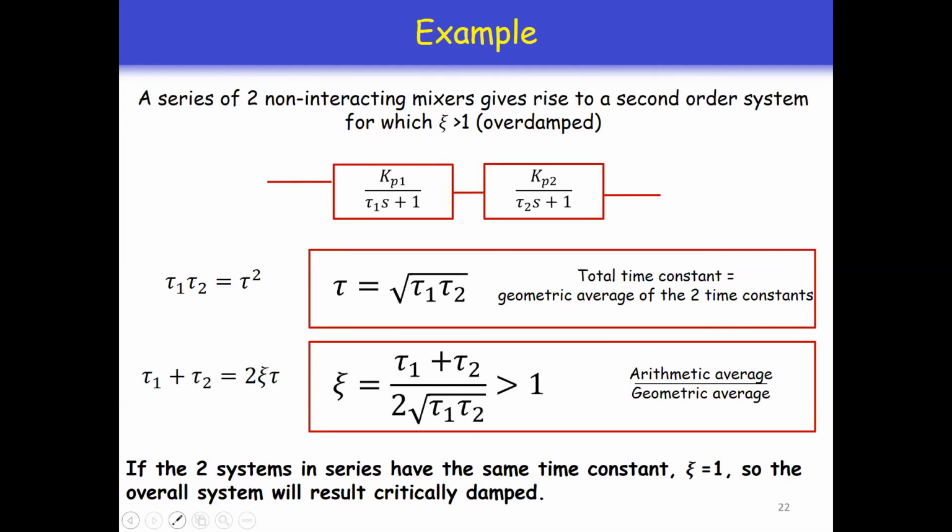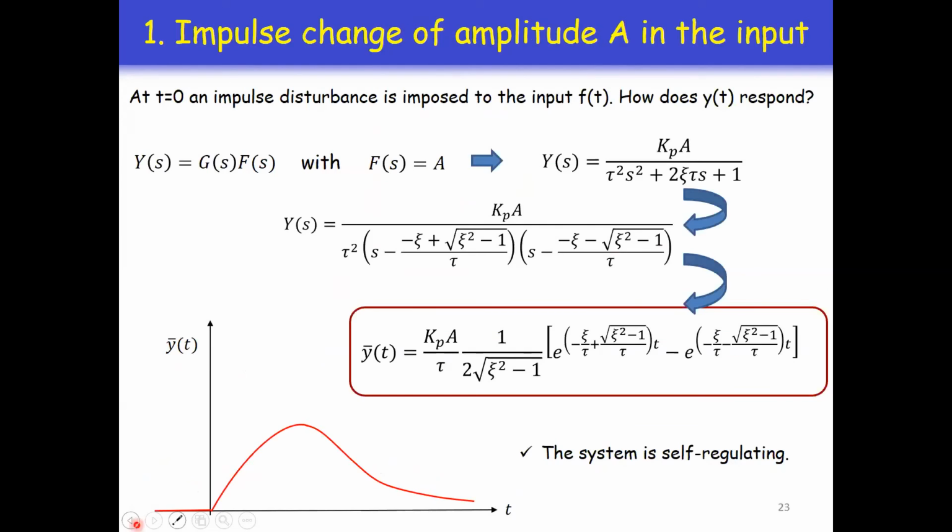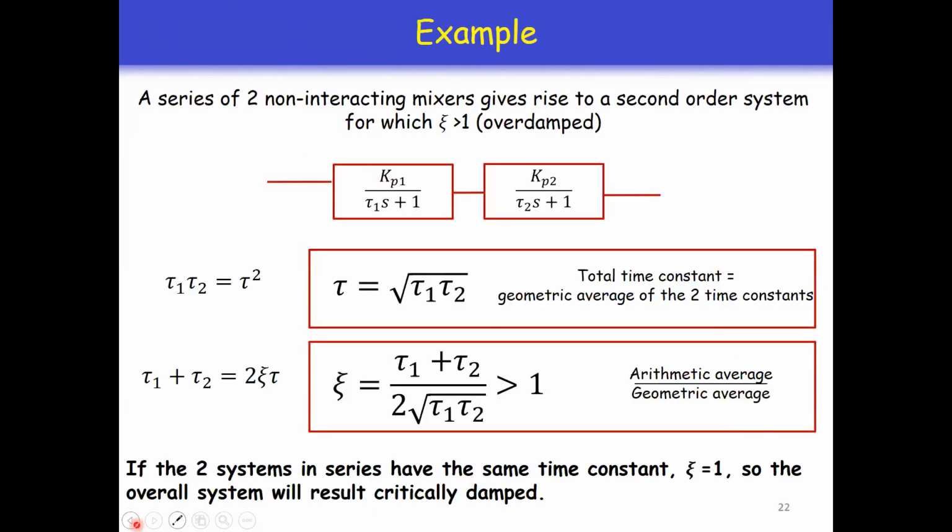Okay. Quick question. Yes, please. Is the order of the system determined by the number in series, or is it always second order? No. Good question. So if you have two first-order systems in series, the overall system will be second order. But if you have three first-order systems in series and you multiply the transfer functions one by one, the order will be 3.